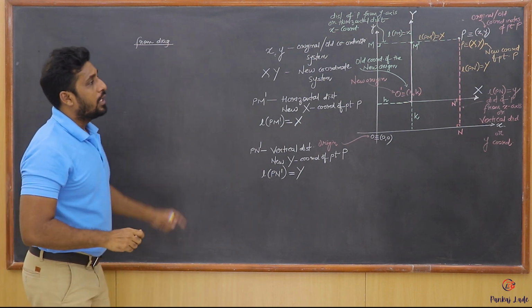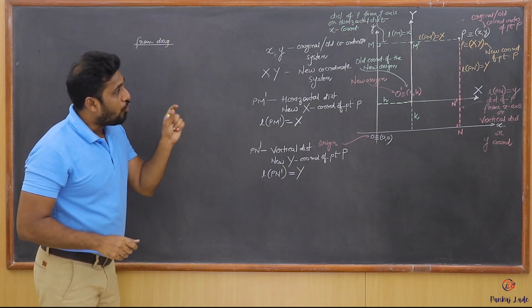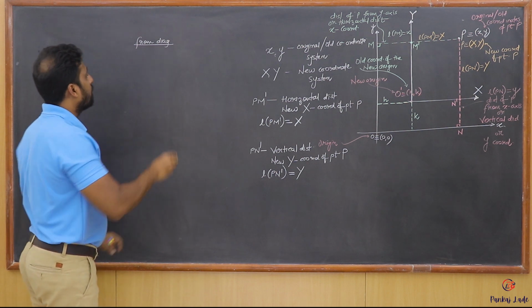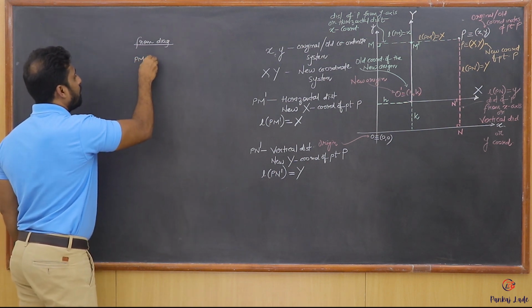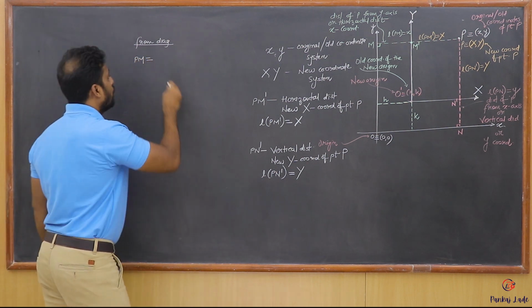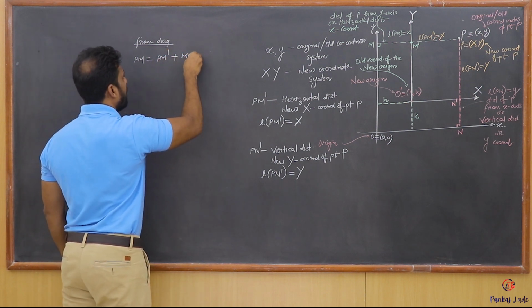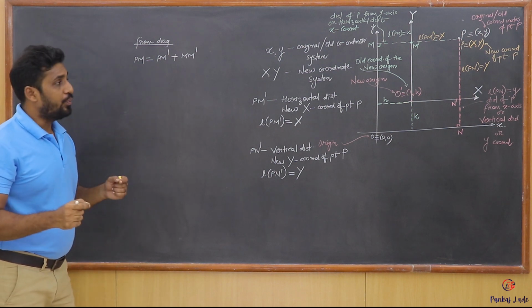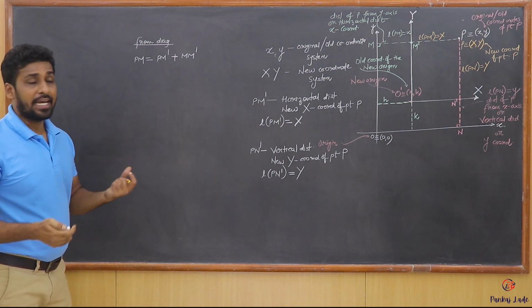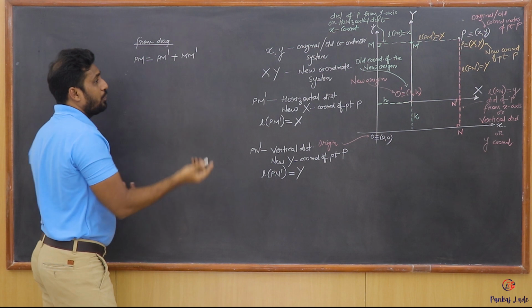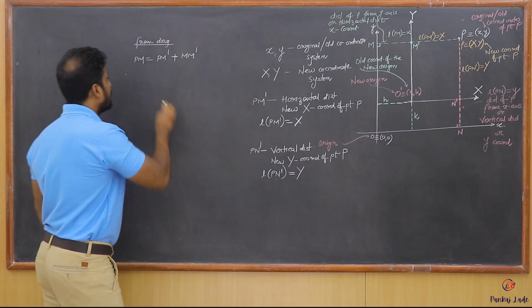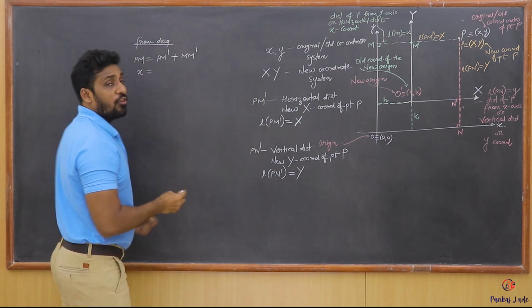can you observe that length of PM is equal to PM dash plus MM dash, isn't it? So students, what is PM? The length of PM is small x. So I write here small x. What is length of PM dash?